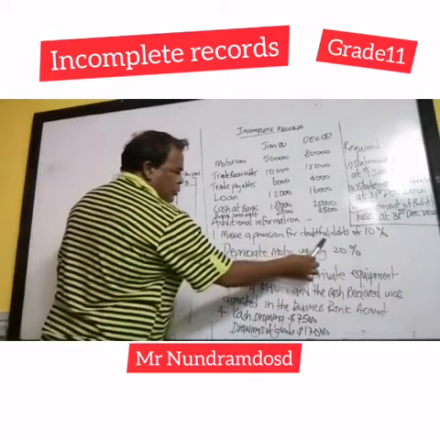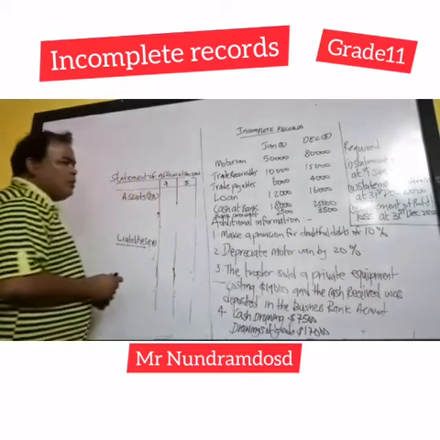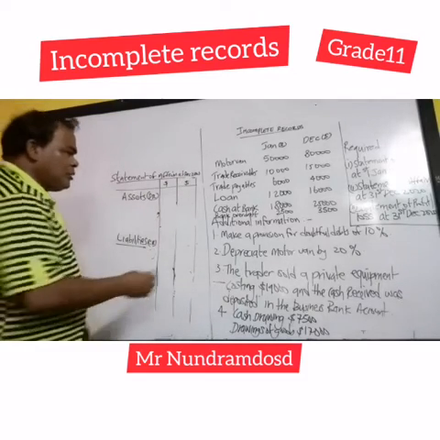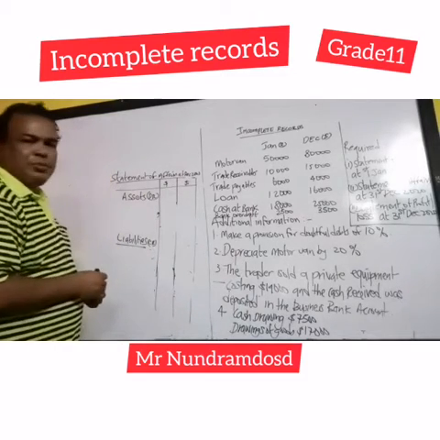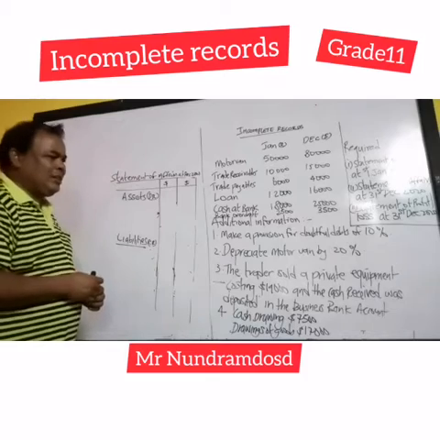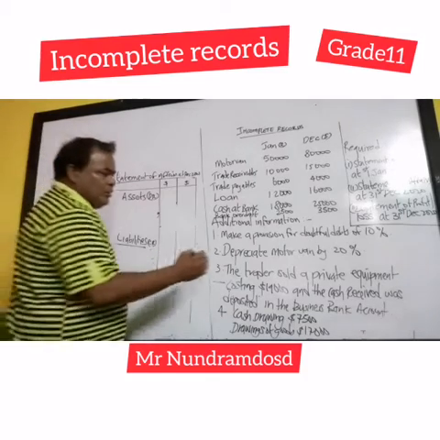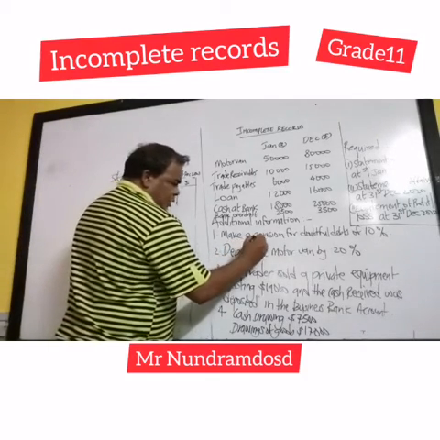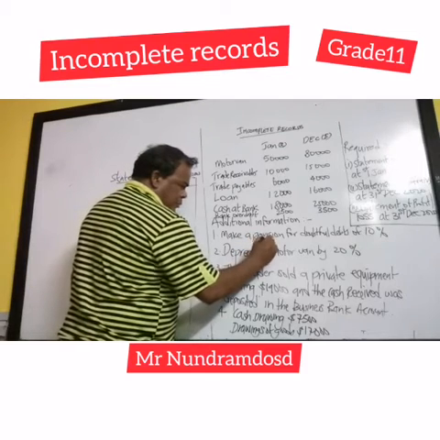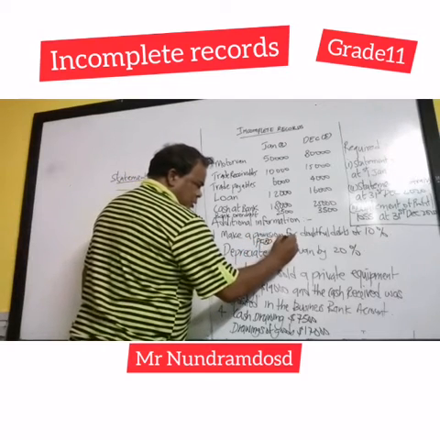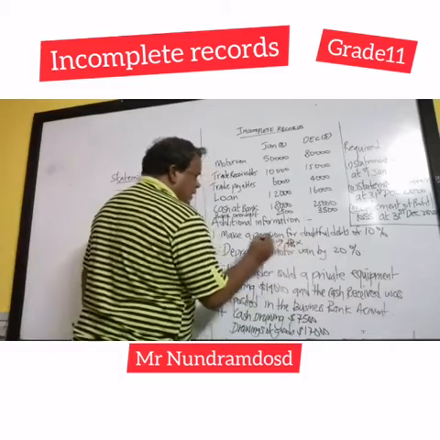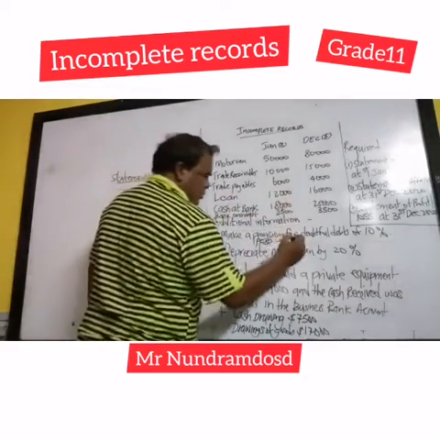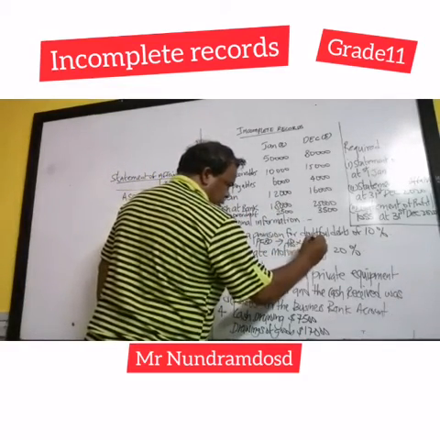Make a provision for doubtful debts of 10%. So we have to calculate provision for doubtful debts of 10%. Provision for doubtful debt is always calculated on trade receivable. So provision for doubtful debts is equal to 10% of trade receivable at the end, 15,000. That gives us 1,500.